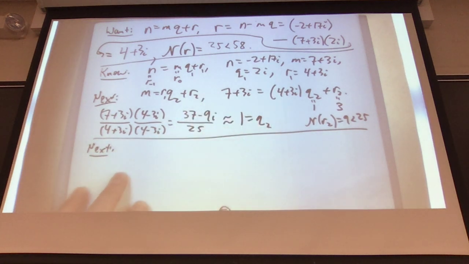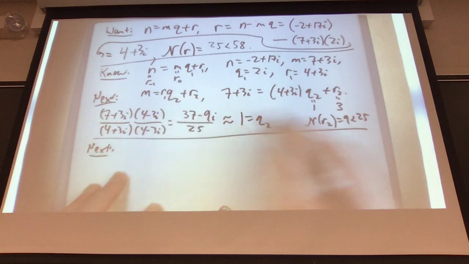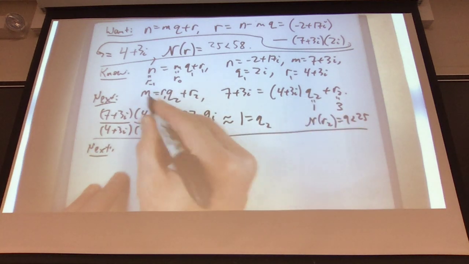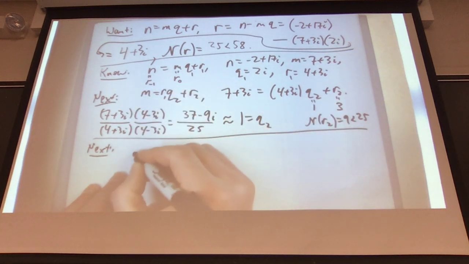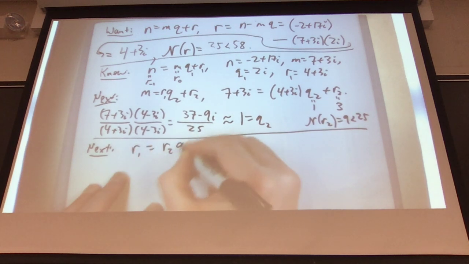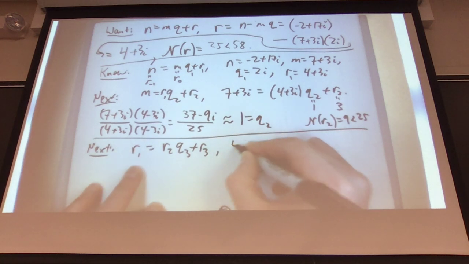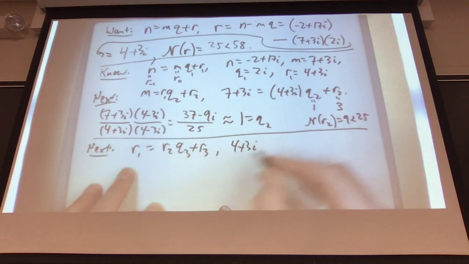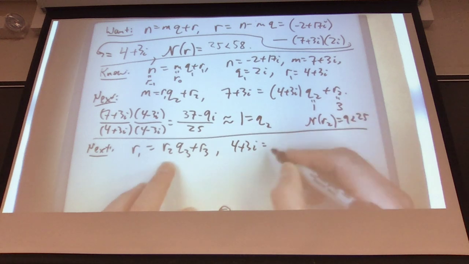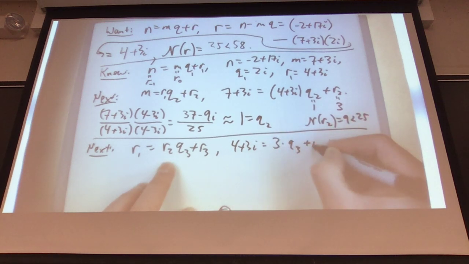So now we're going to write the next equation. Let's use the variables and then put in the values. It's exactly what you said: 4 plus 3i, which was R1, is equal to R2, which is 3, times Q3 plus R3.